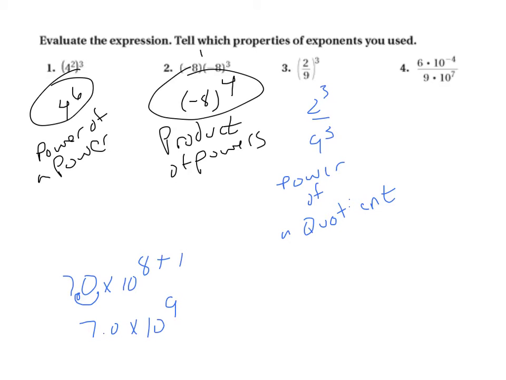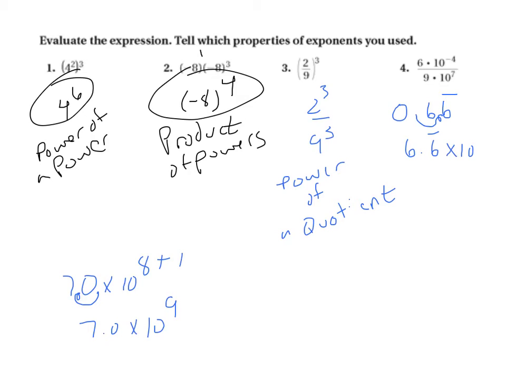So 6/9 is 2/3. But here we're going to have to make a decimal because you're not supposed to have a fraction. So you would do 0.66 repeating. Well, you have to move that forward 1. So you do 6.6 repeating times 10. And what do we do when we're dividing? We subtract.